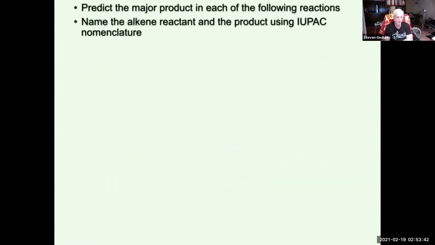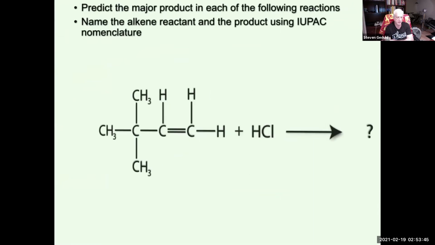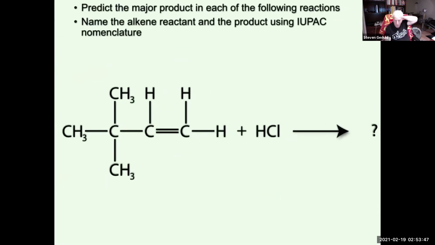Okay. Predict the products again for each one. And this is going to be a hydrohalogenation with hydrogen chloride. So we want to name everything. Take a good look at it. What are the two things that are going to be added across this double bond?